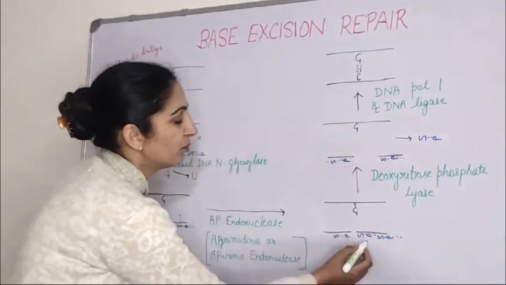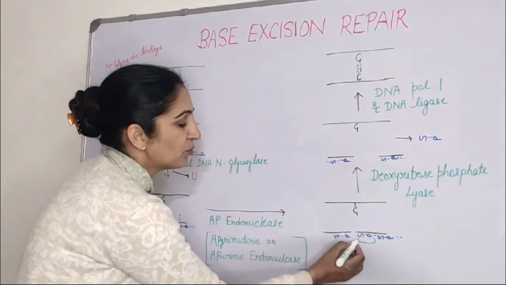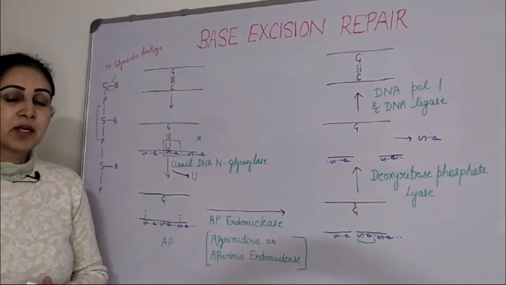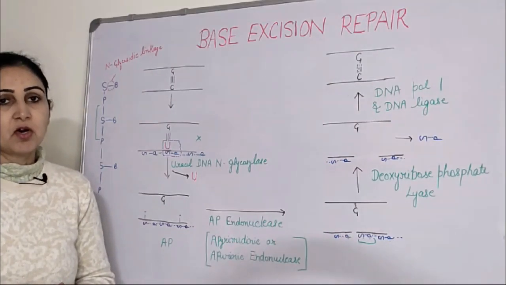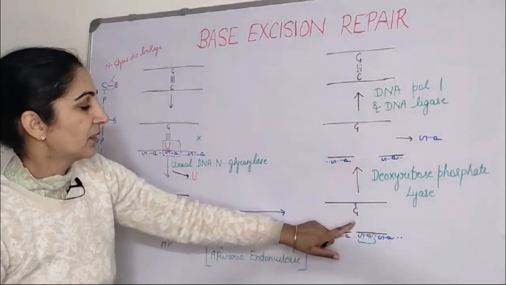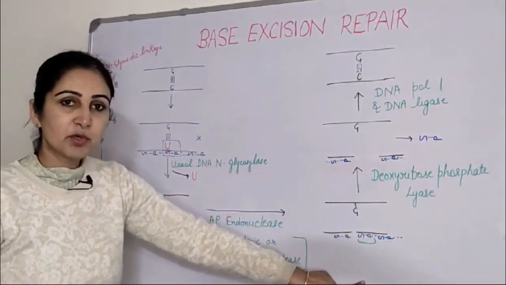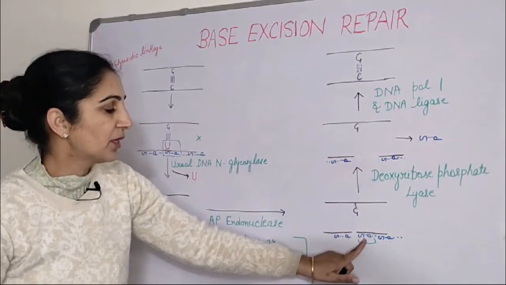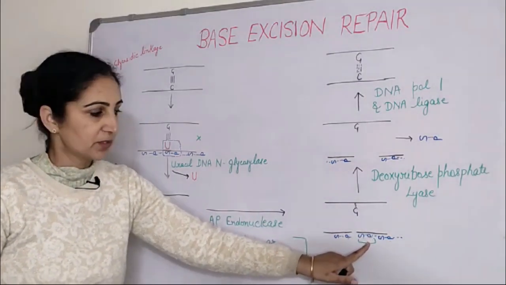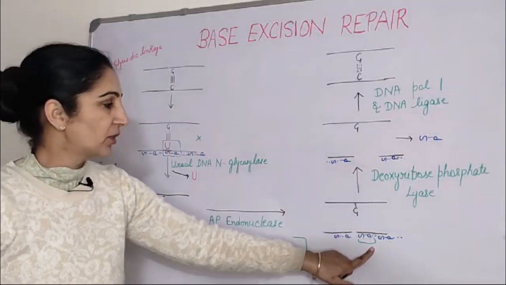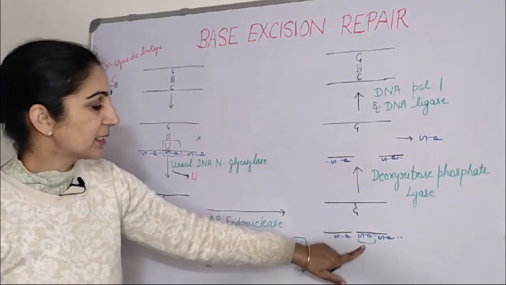Now we have to remove this moiety, the leftover part of the wrong nucleotide, the nucleotide where the wrong base was attached. The base we have already removed. Now we will remove this part also, this sugar as well as this phosphate, the leftover part of the wrong nucleotide. So what will be the enzyme?